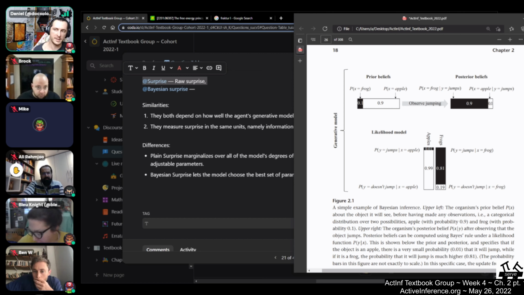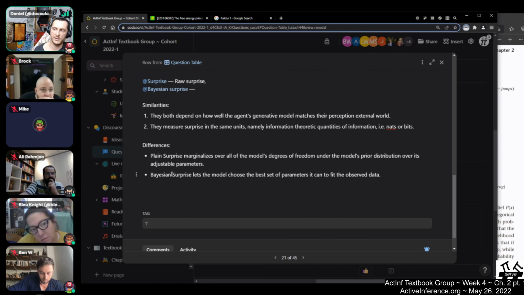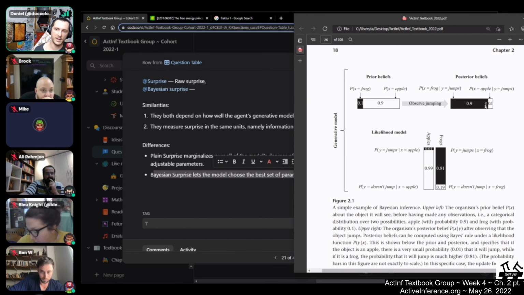In this full Bayesian cycle, there is an updating of the prior to the posterior, and then that updating can be described in terms of how much the prior was updated. So here, the model is updated to the observed data. This is now the best fitting model. And then we're calculating the difference between these two distributions.